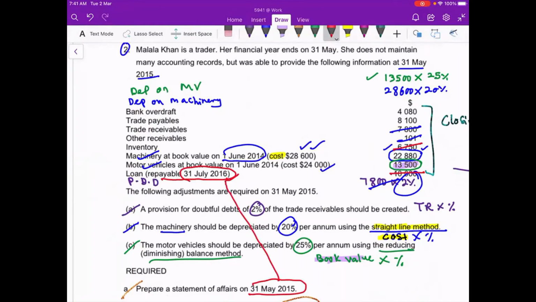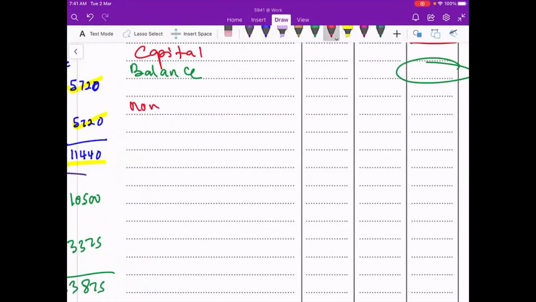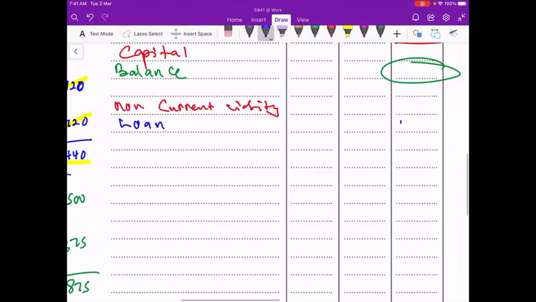If it is more than 1 year, it is non-current liability. Yes, it is more than 1 year. So we put it under non-current liability. I write here loan. My loan is 10,000.